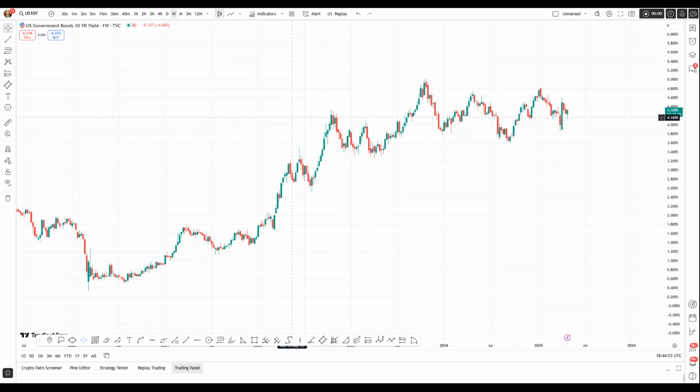Let's look at the United States government 10-year bond yield.